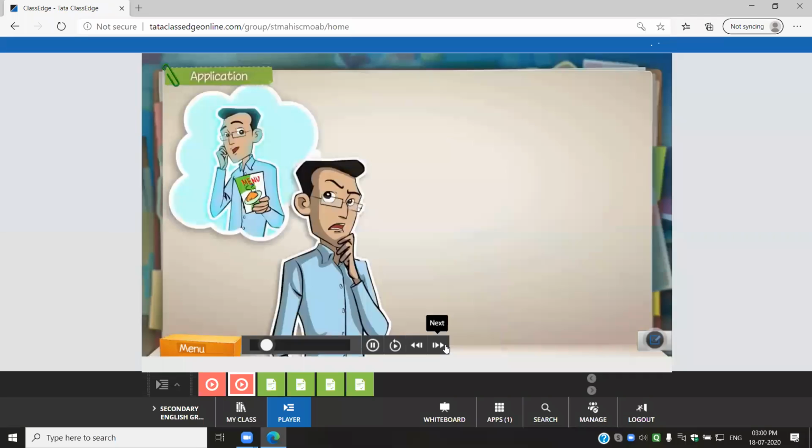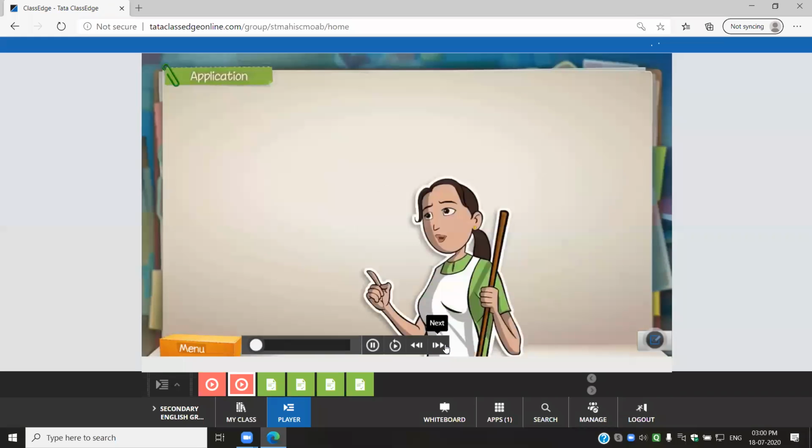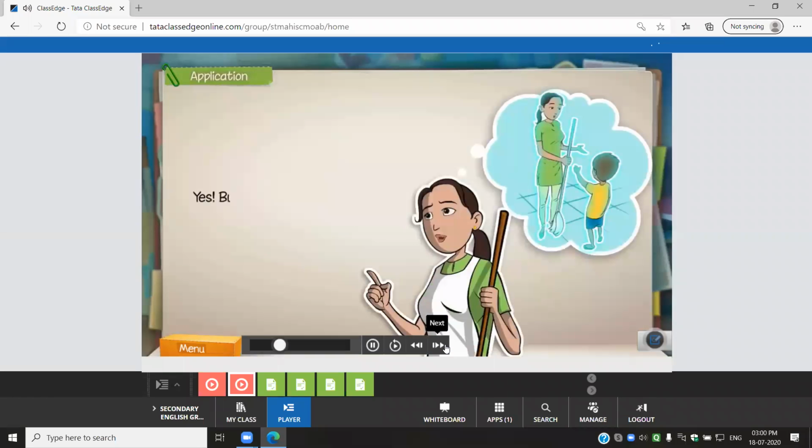Well, I guess we will be ordering food from a restaurant today in that case. Yes, but first we are asking the children to help clean up. Right now they have gone to wash up.